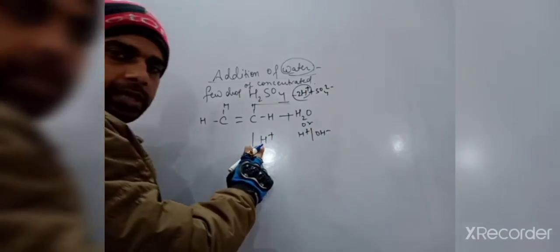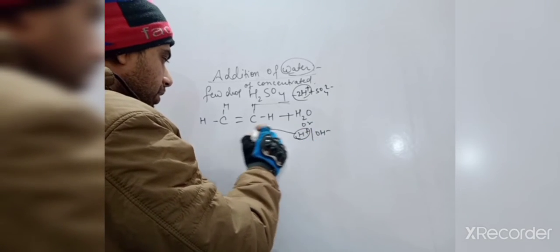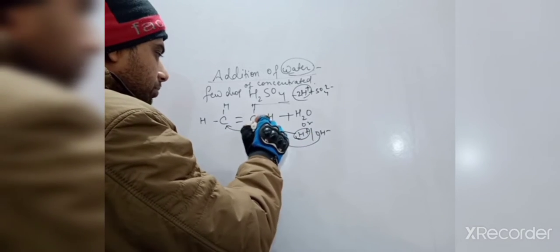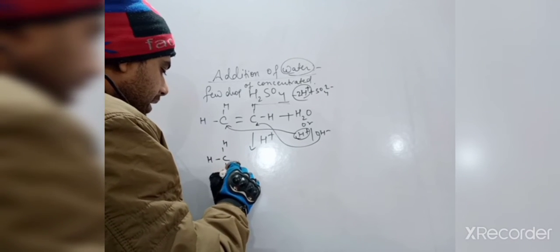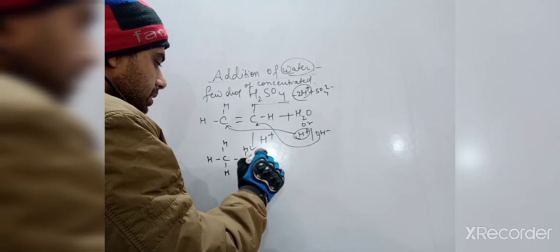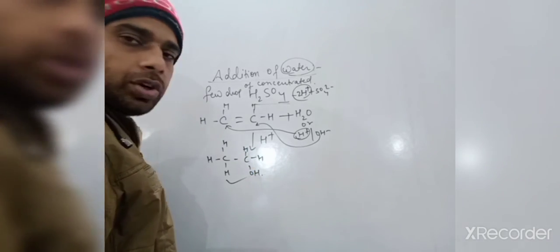Now how will it react? H plus will come at this position, OH negative will come at this position. So what you will get is CH, H and OH. So this one is the addition of water in the presence of H2SO4.